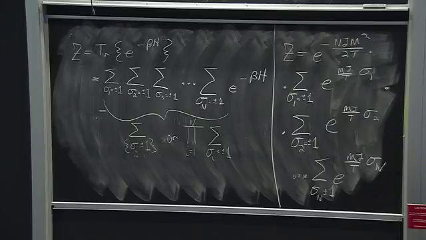When you write it like that, you just see it's a product of a whole bunch of sums. And each sum only has two elements. It's like the local Hilbert space or the local state space, right?